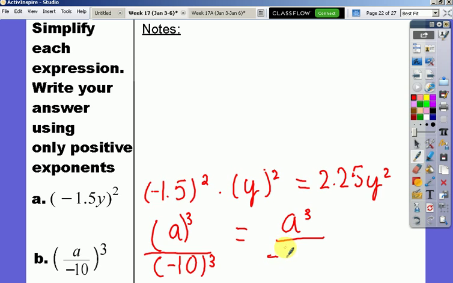Remember, 10, 10, you just add zeros. Raised to the third power, you have 3 zeros. So A cubed over negative 1,000 is the same thing as negative A cubed over 1,000. Questions on that?